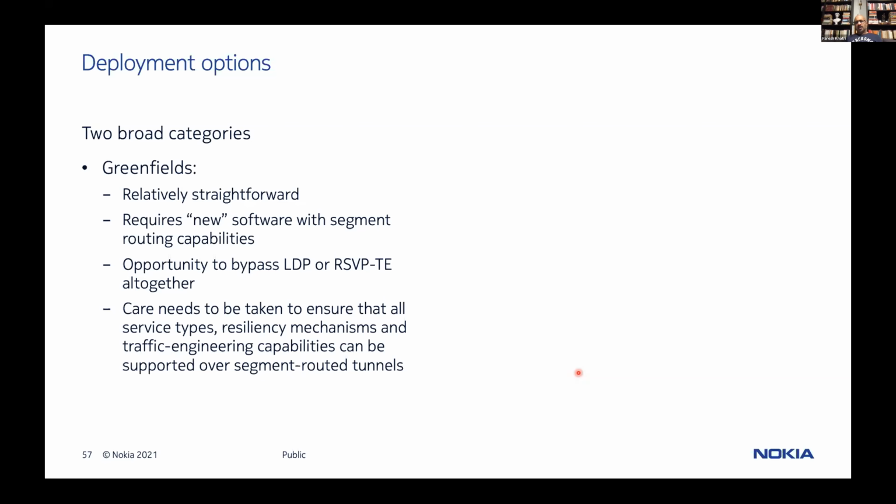So greenfields, pretty straightforward. You would obviously need hardware and software that can support segment routing, and there's an opportunity to bypass LDP or RSVP-TE altogether. Now, at the same time, there are still some caveats.